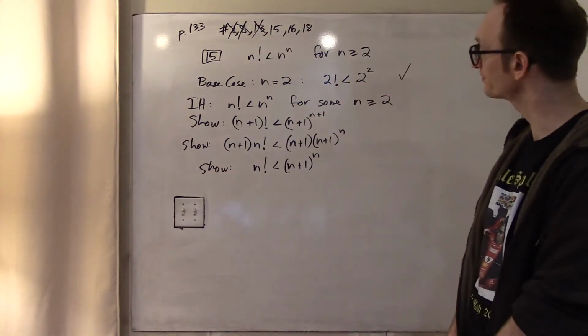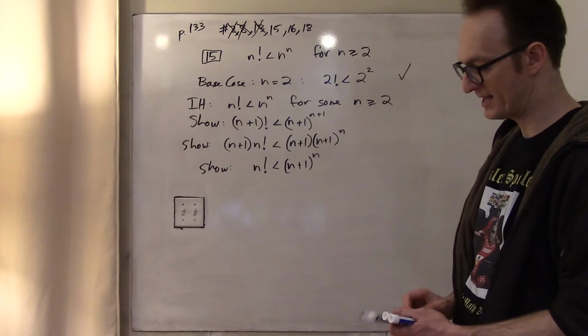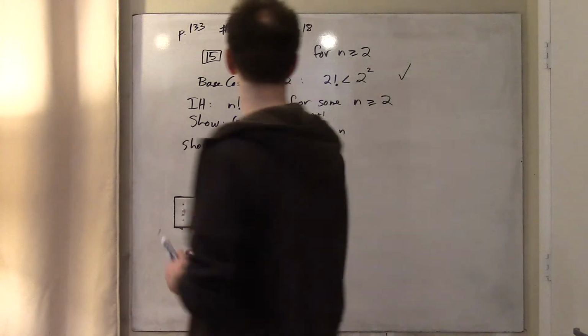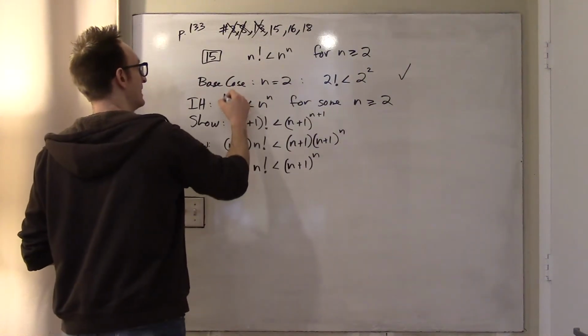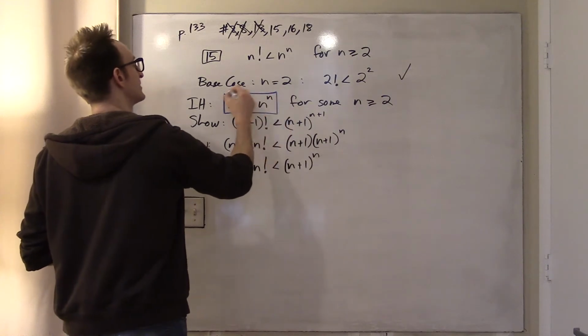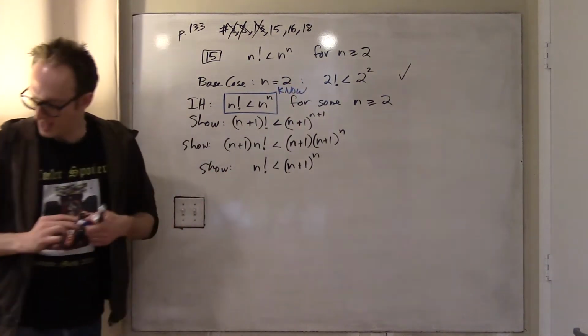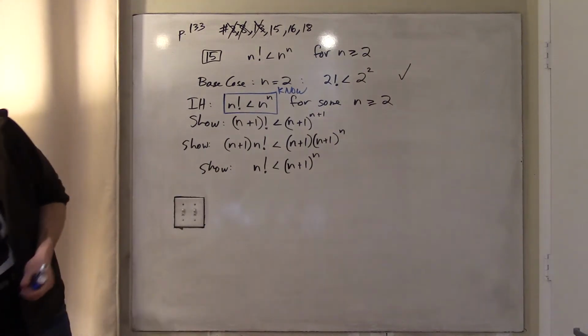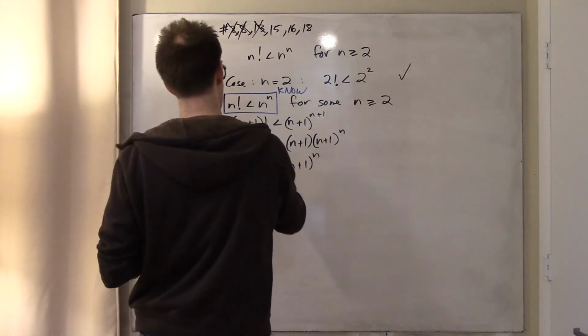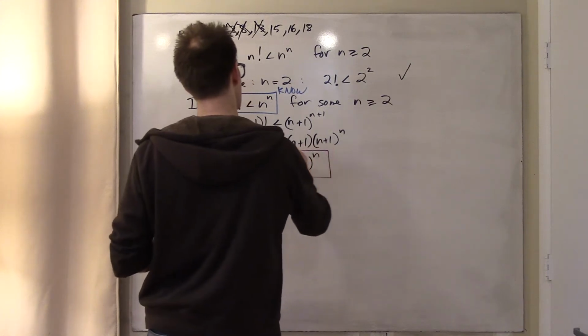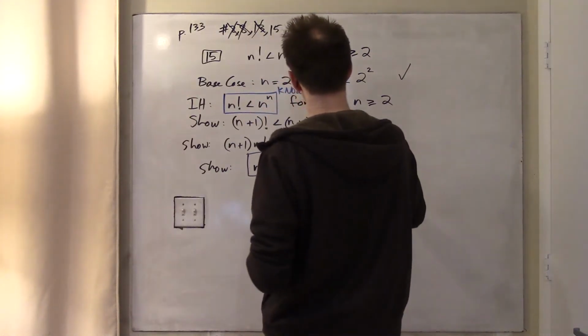Alright, this is now very clear because, look, here is my inductive hypothesis. So this is what I know to be true. And this right here is the thing that I need to prove. So this is what I need.